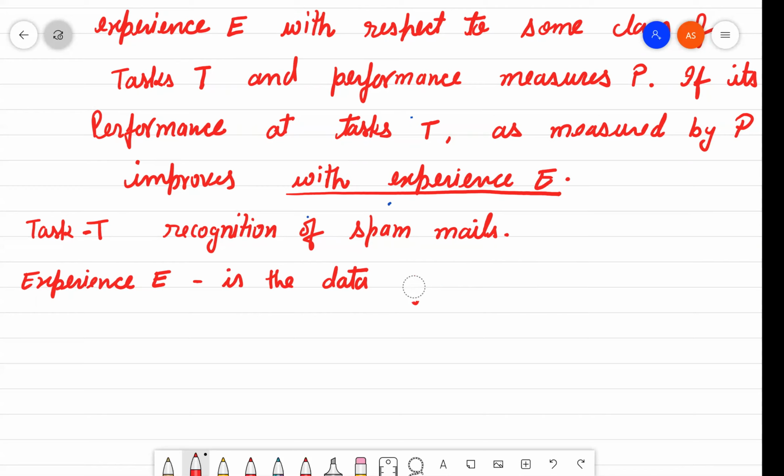It is the data which labels whether the mail is spam or not spam.